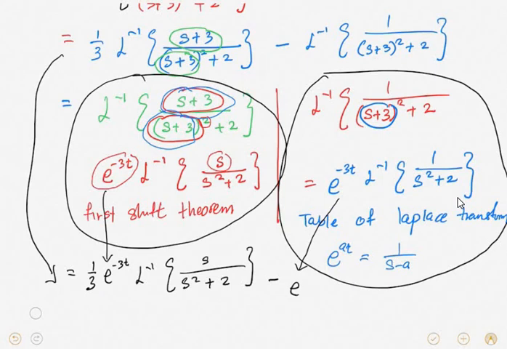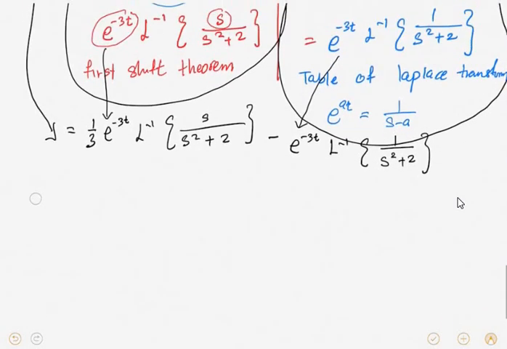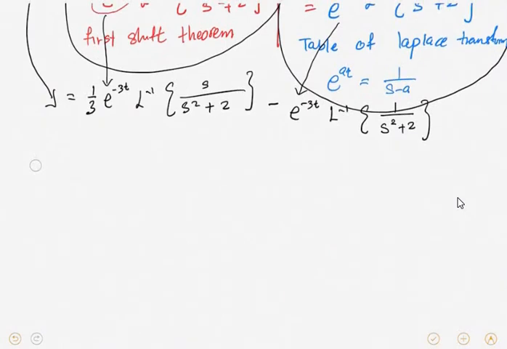We obtain exponent negative 3t inverse 1 over s squared plus 2. Okay, next we obtain 1 over 3 exponent negative 3t inverse.